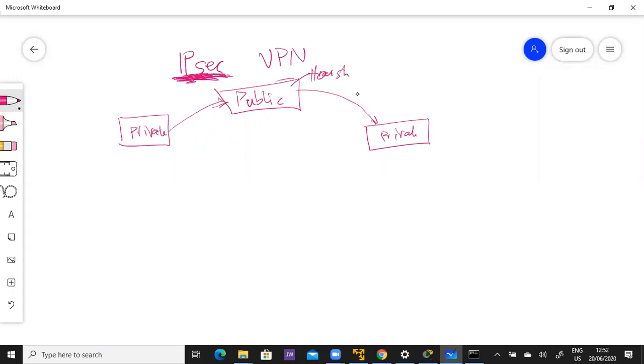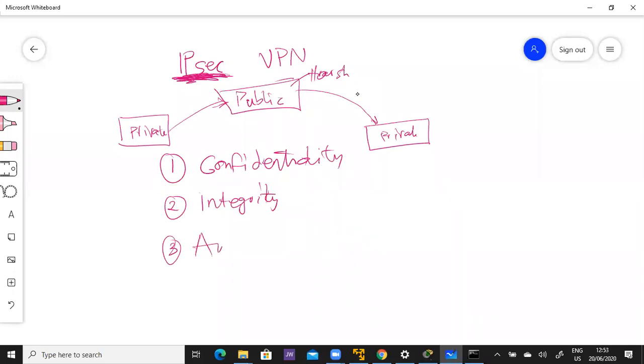In talking about security, you need confidentiality. You also need data integrity. You also need authentication.